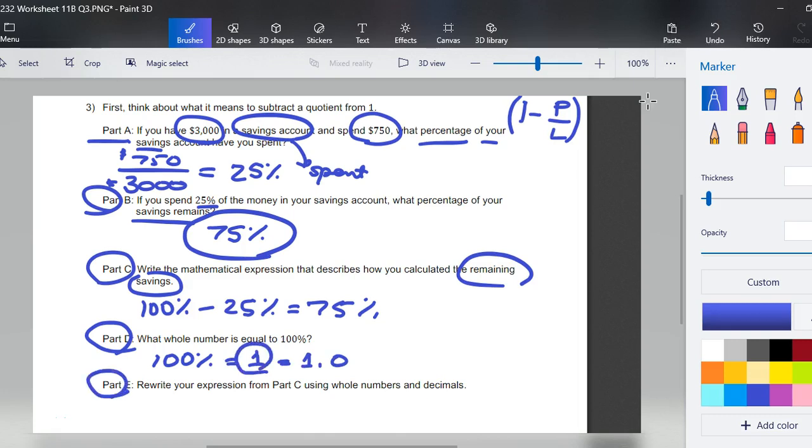So rewrite your expression from part C using whole numbers and decimals. Well, instead of 100%, let me write it as a 1. And instead of a 25%, let me write it as a 0.25. And that's a minus, and it equals 0.75.